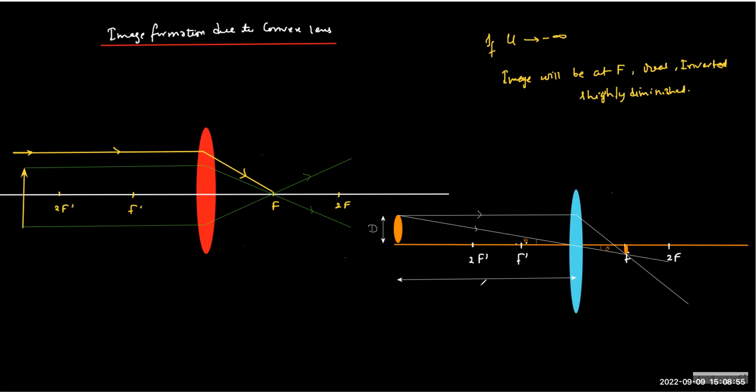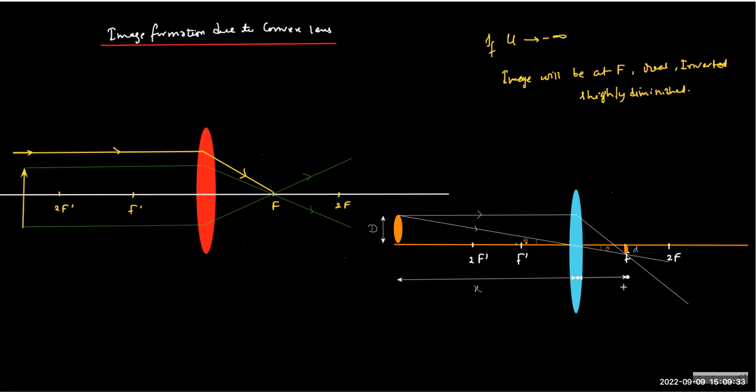Let's call this small d, and this d dash. Well, let's call it x. And what we know is that this is F.